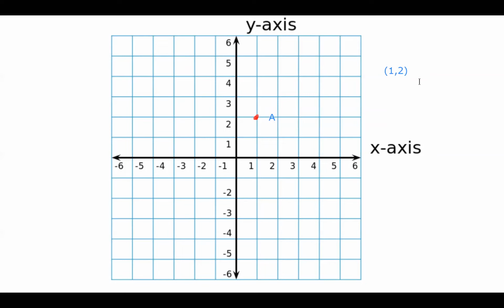Now, if I say there was another point whose coordinates were -1, 2, and I want to name this point also A, is it possible? Let's see, because when I plot this point it will have -1 units on the x-axis and 2 units on the y-axis. So this is here.